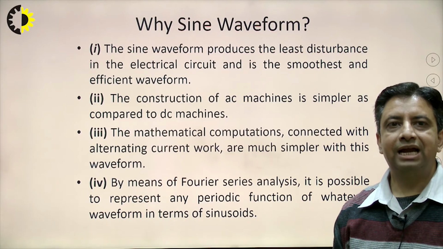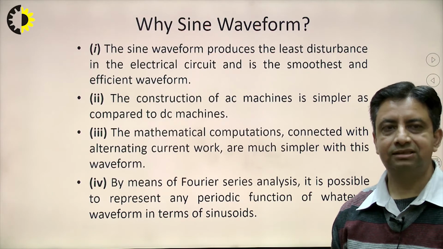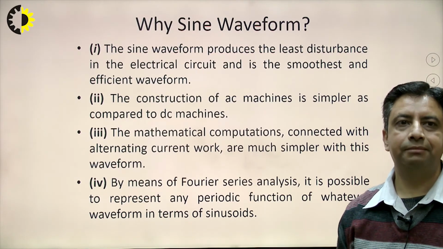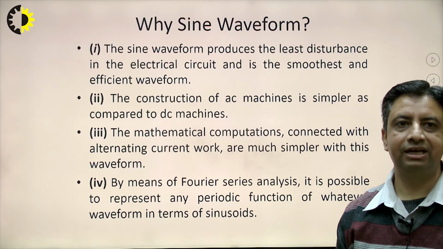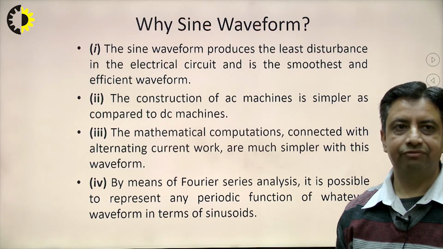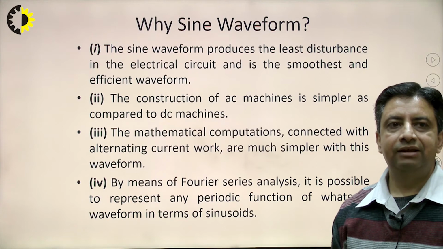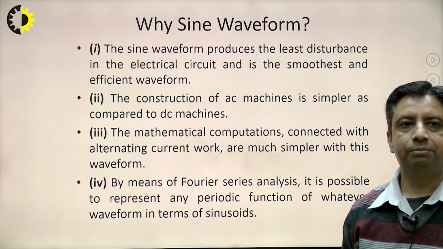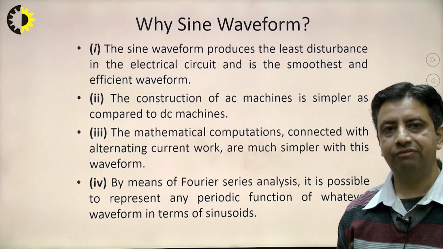If we integrate or differentiate a sine function, it again results in a sine function. That is why the mathematical computation is very easy with the help of the sine waveform.